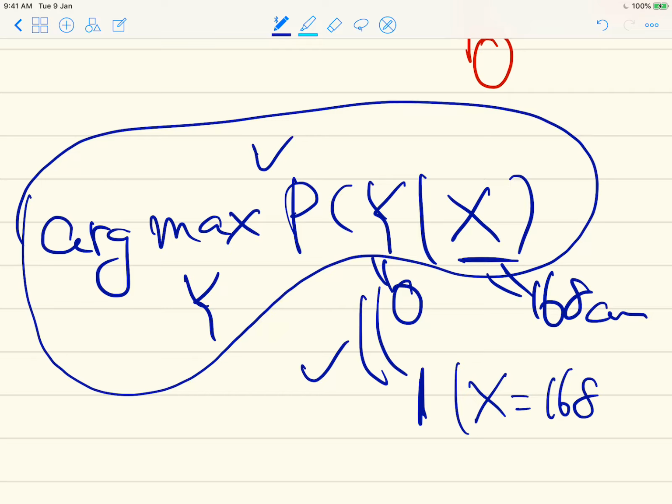When given x, we consider this posterior distribution, the distribution of y when x is fixed as 168, and then from them we pick the class that has the maximum probability.